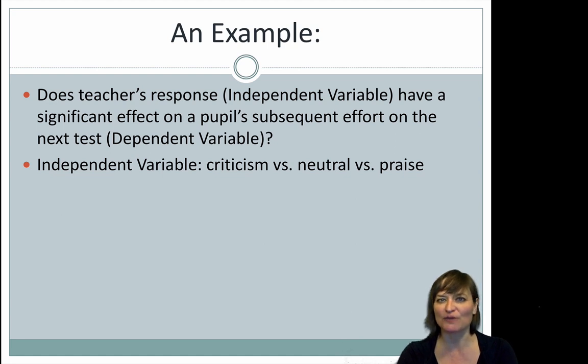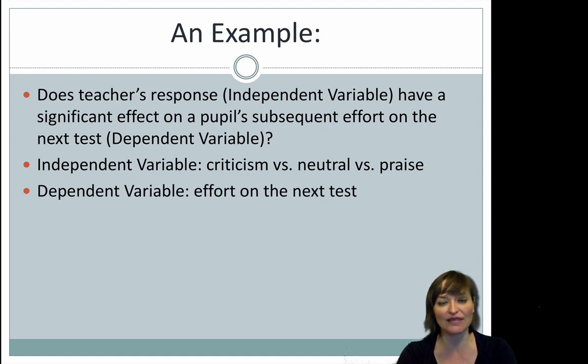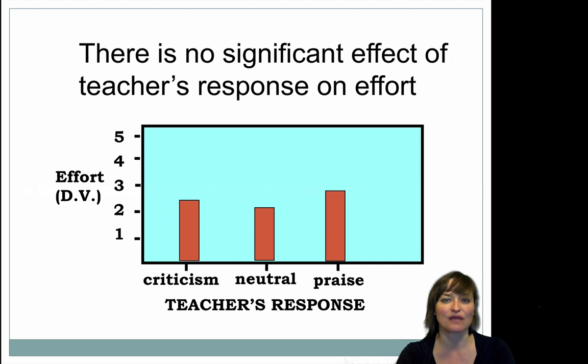So that's going to be the independent variable, where we'll have each teacher assigned to give different levels of that criticism or neutral or praise response to different pupils. And then we're going to measure the pupil's effort on the next test. So let's say we did that and that this is what we found.